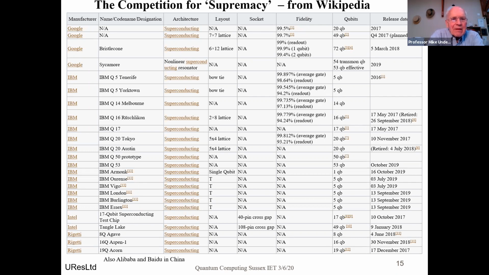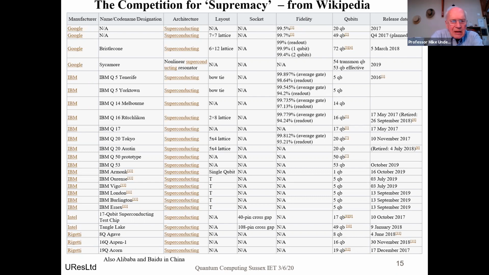IBM have various offerings of 2x8, 5x4, 5x4, etc. I'm not sure it's got their latest offering on there at the moment.